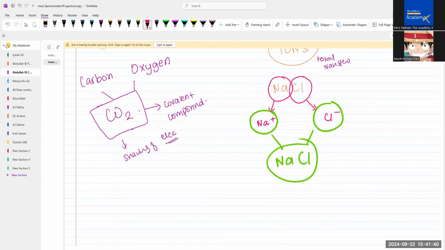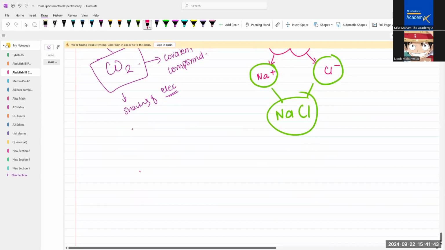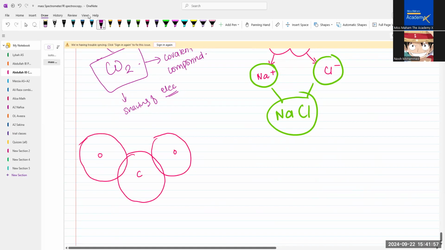So if I'm making a CO2 molecule, carbon comes here. I'm only making the outer shell. So one carbon and two oxygens, right? This is what a CO2 molecule looks like. Now, oxygen needs two more electrons. Oxygen is O2 minus, carbon is C4 plus or C4 minus, right? So one oxygen needs two electrons.